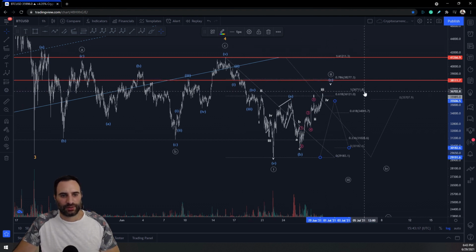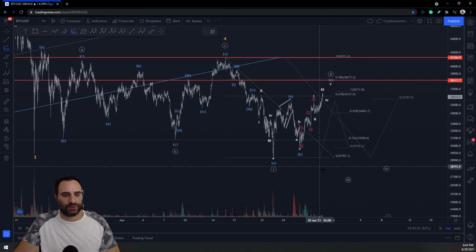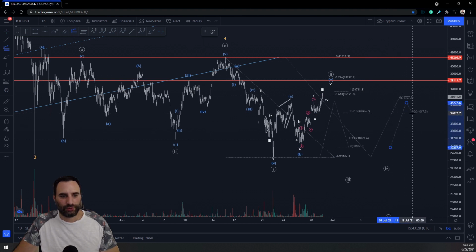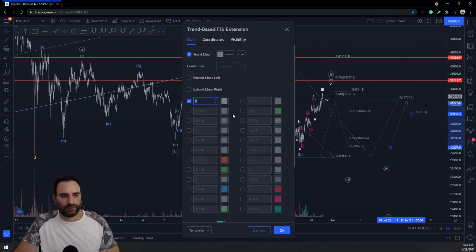But the next closest level to watch is 36,711. Now, we need to see if there is any sort of cluster that is being developed around that area or not. So we're going to take waves 1 and 2, the Fibonacci over here, and look at 61.8, 38.2, and the 50. Look at the 50 over here. It's 36.67. Okay, it's 1.5.